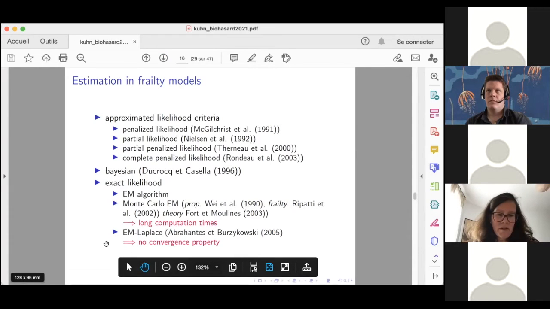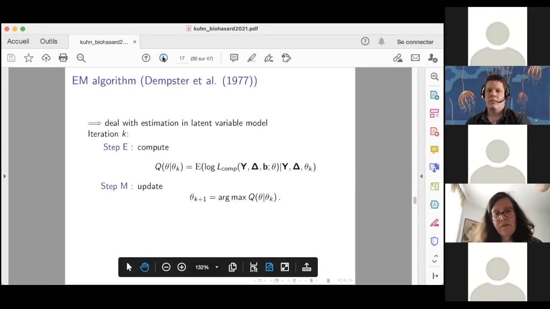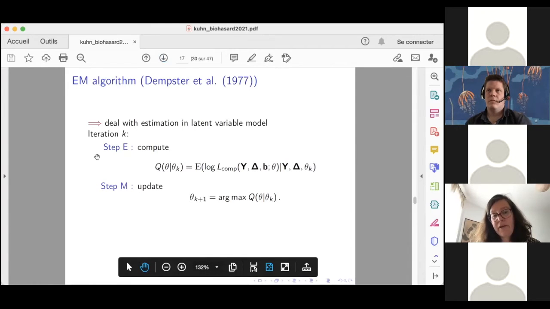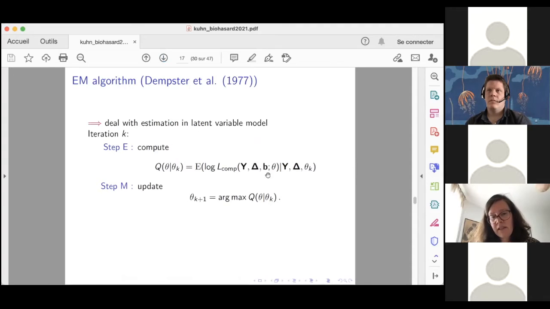So we have chosen a stochastic EM algorithm, and I will first present the EM algorithm. It allows us to deal with estimation in latent variable models in general. At iteration K, you have two steps. First step, you have to compute an expectation, which is here. It's a conditional expectation, conditional on the data and on the current value of the parameter.